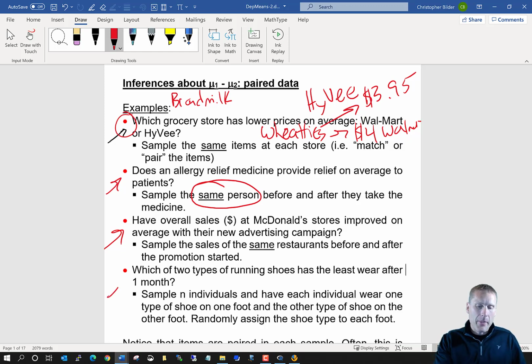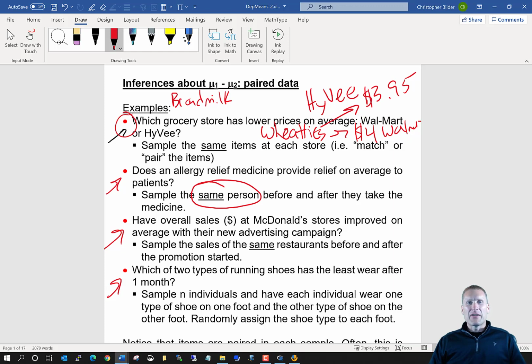And lastly, which of two types of running shoes has the least wear after one month? Maybe you get a pair of Nike shoes and also a pair of some other shoes. A person wears brand 1 on the left foot and brand 2 on the right foot.